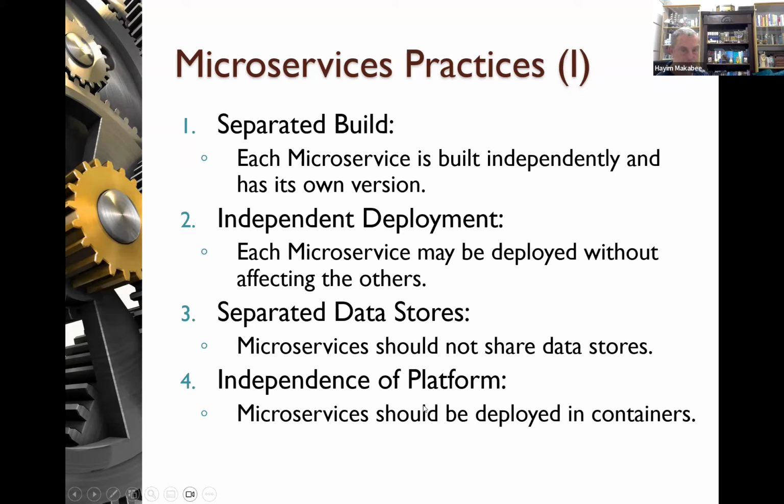Independence of platform. This means that the right way to deploy a microservice is in containers. So for instance, Docker. You create Docker containers to deploy the microservice, so you don't care about the platform. It is running on Docker.